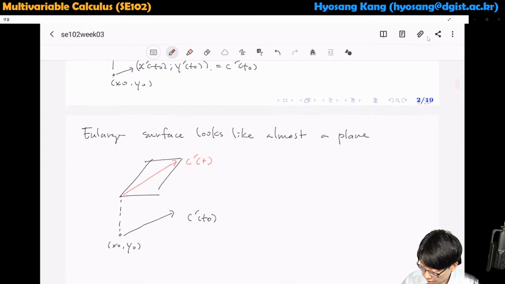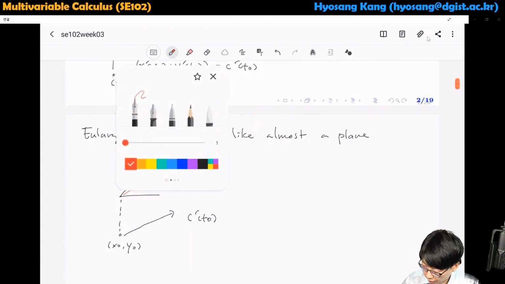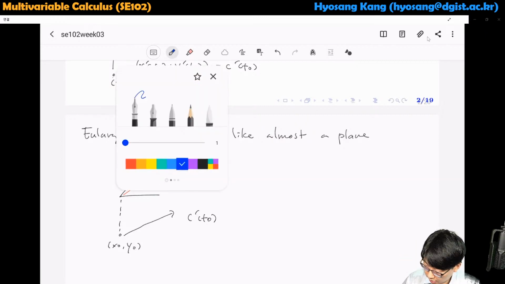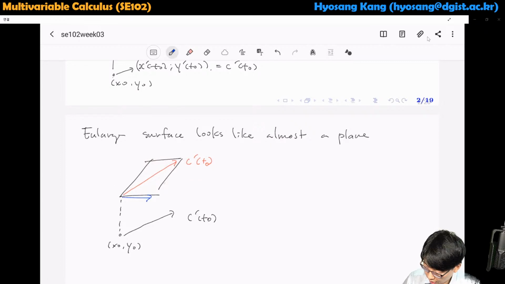And we can decompose our difference of z into two parts. First, I can take the x direction and y direction here. So here we have x direction, y direction. So this part is x prime t0 and this direction is y prime t0, sorry.